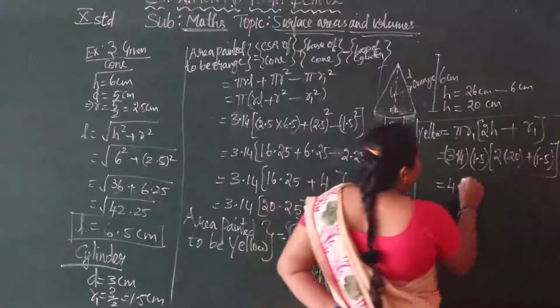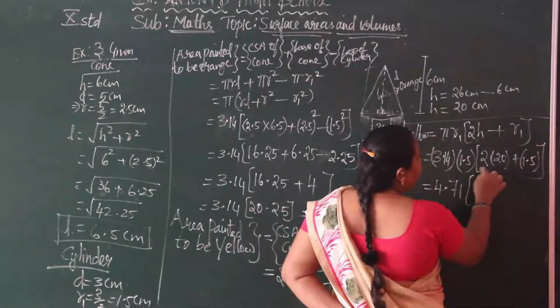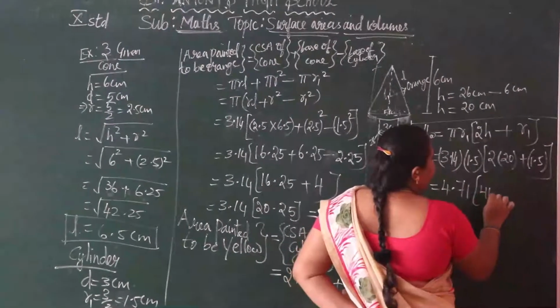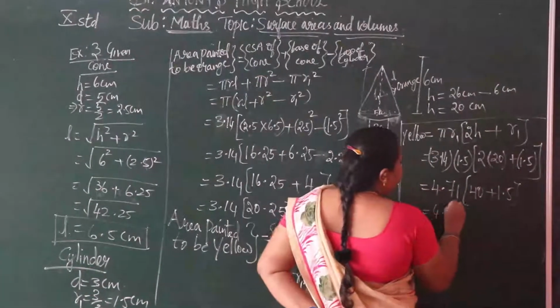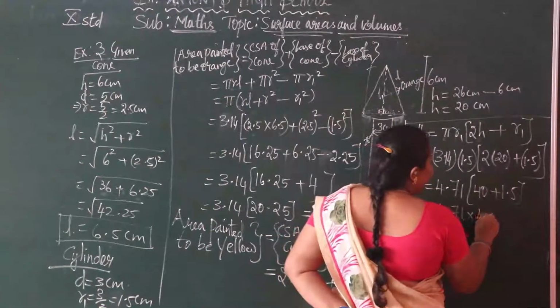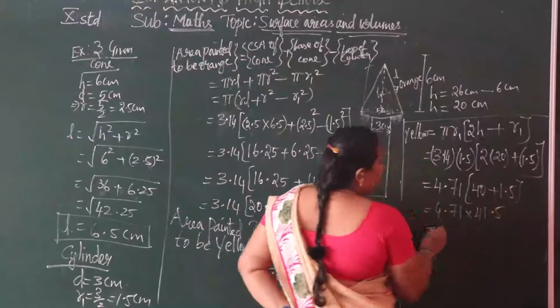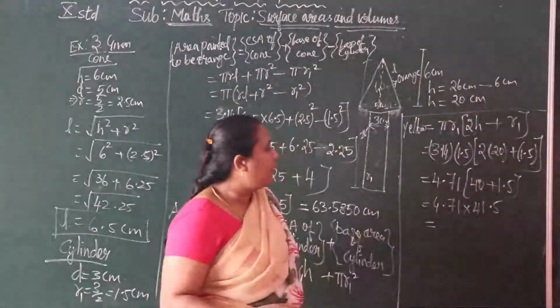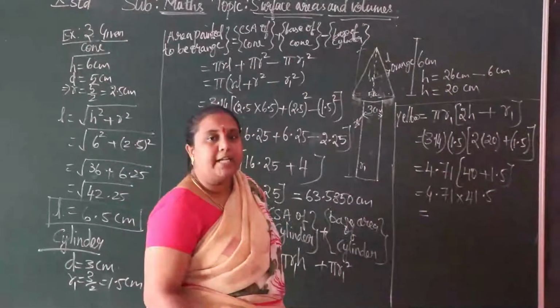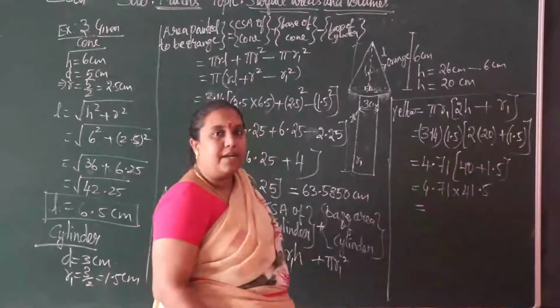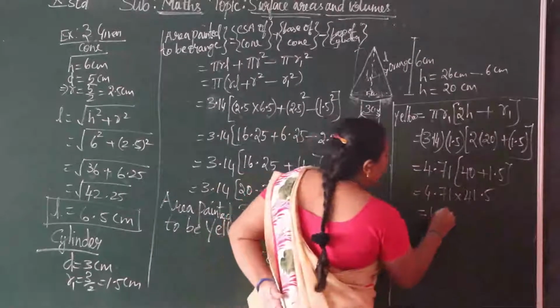So 4.71 into (2 into 20, which is 40, plus 1.5), that is 4.71 into 41.5. What is the value of this?